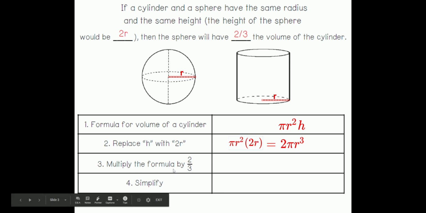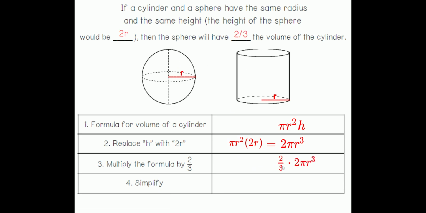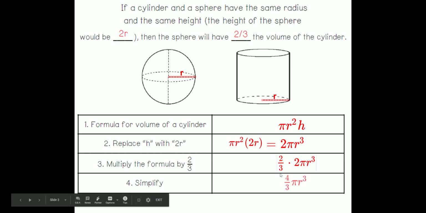Now, we're going to multiply the formula by 2/3, because we're saying that the volume of this is 2/3 of this. So let's multiply 2/3 times our formula for volume of a cylinder, and we end up getting 4/3 pi r cubed, which is the volume of a sphere.